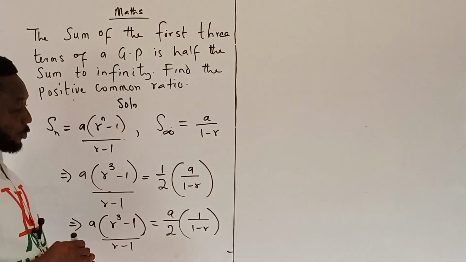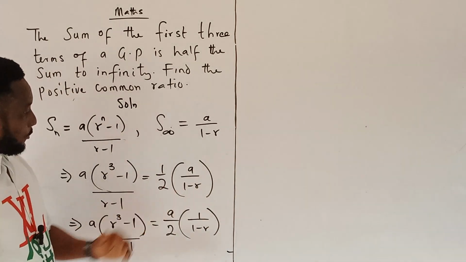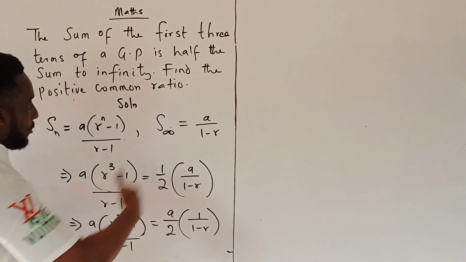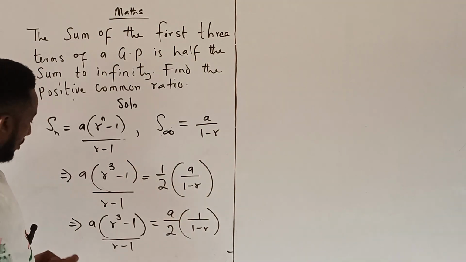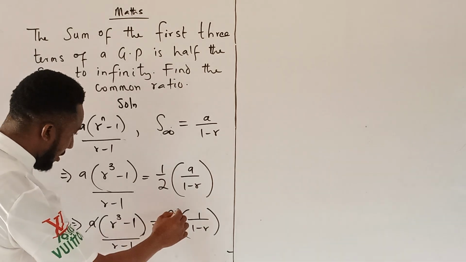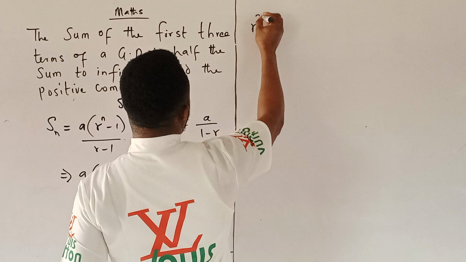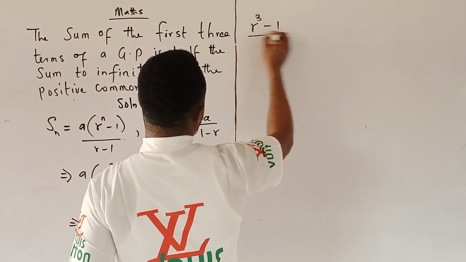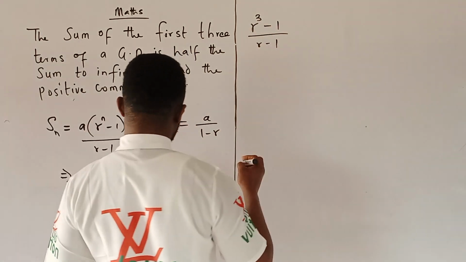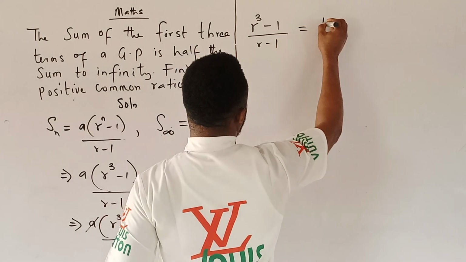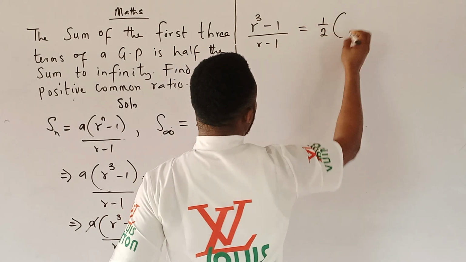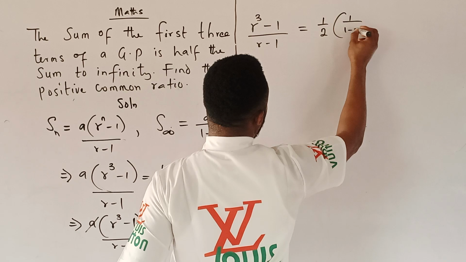We just factored out a from the expression on the right. As you can see, a will cancel out. We are left with (r cubed minus 1) upon (r minus 1) equal to 1 over 2 into 1 upon 1 minus r.